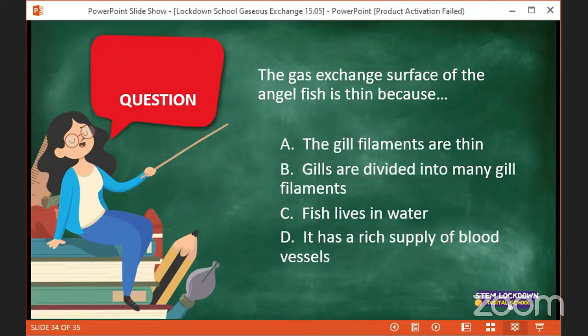Next question. The gas exchange surface of the angelfish is thin because: A, the gill filaments are thin; B, gills are divided into many gill filaments; C, fish live in water; or D, it has a rich supply of blood vessels.